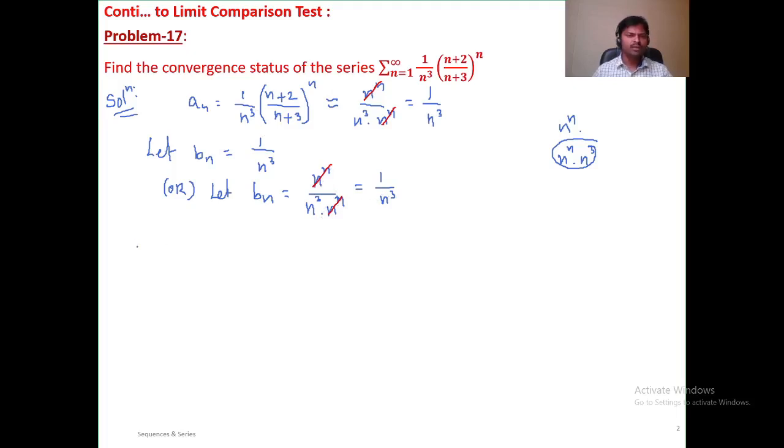So this is bn. Then go to the limit value of the ratio of an and bn. So limit n tends to infinity of an upon bn. Now an is 1 upon n cube, (n plus 2 upon n plus 3) whole to the power of n, and bn is 1 upon n cube, so n cube by 1.